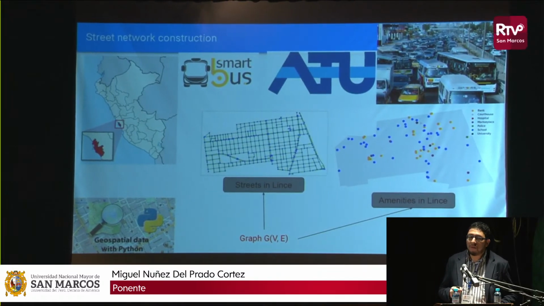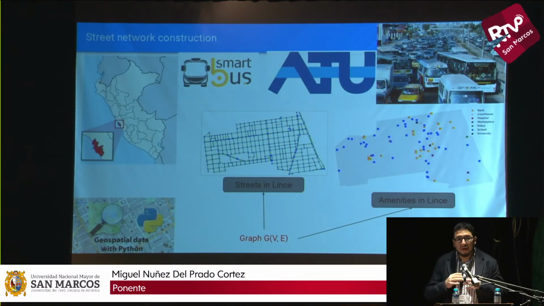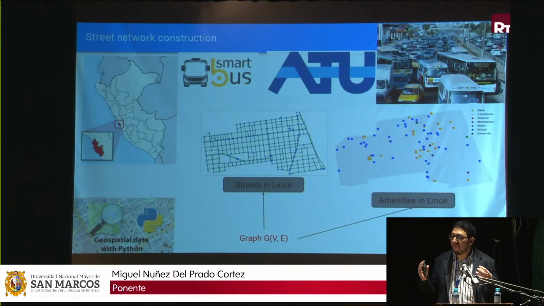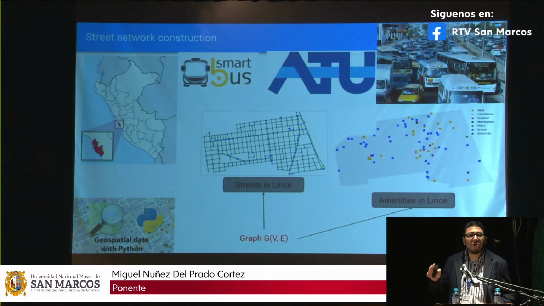So they were very nice. They gave us this information about all the roads that we were able to put into the graph. So at the end of this stage, we have a graph representing the streets of a city and the public transportation system of this city. This study is only in urban areas. I have to clarify that.